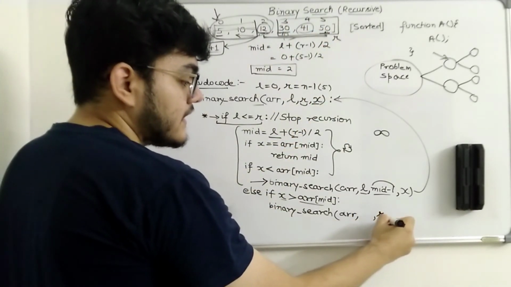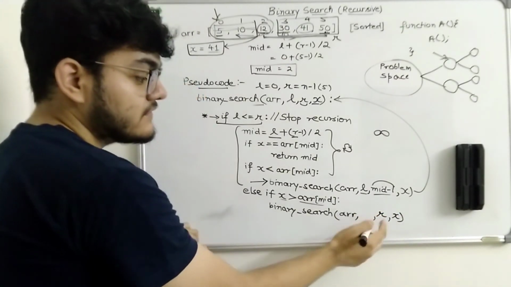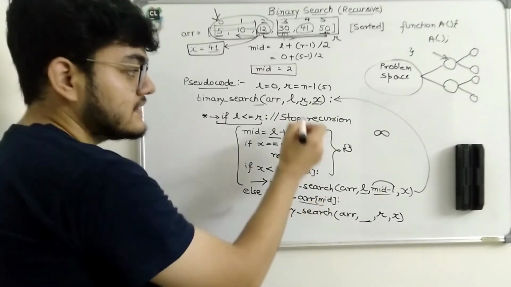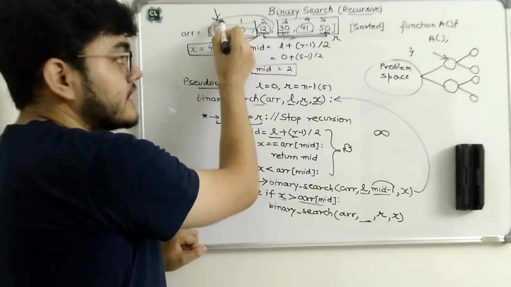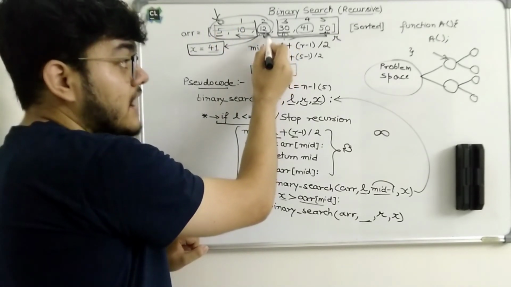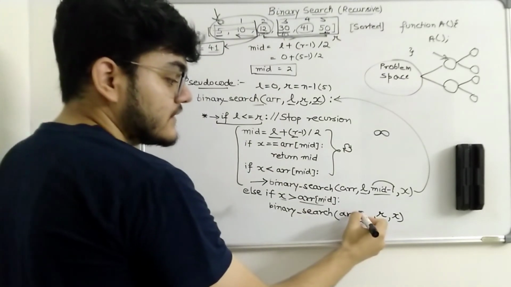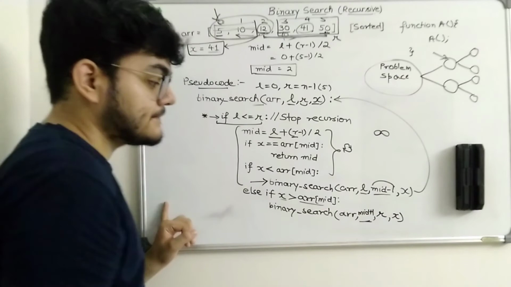So I am going to write R here. X will remain the same, but the left position will change, right? You can see that we will have to change the left position here, because initially it was pointing to 0, and now we will have to assign it to one element after the mid position. So here what I am going to do is write mid plus 1.